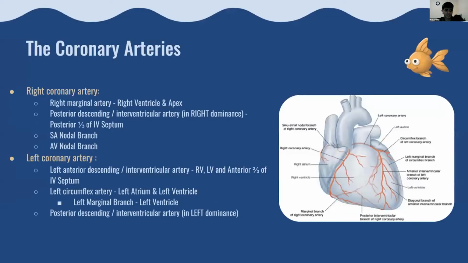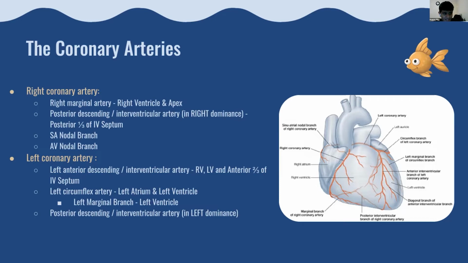What we're going to look at in this lecture is broadly covering the coronary arteries, the coronary sinus and veins, and also what can go wrong and lead to disorders. We're not really required to know the coronary arteries and veins in too much detail, but arteries are more detailed than veins.